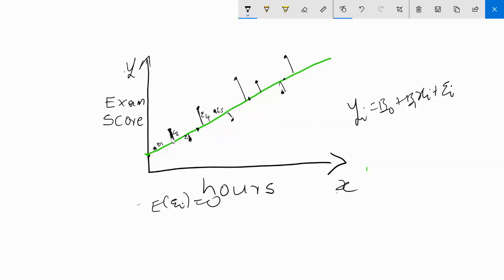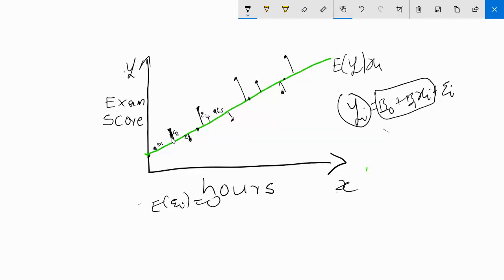Which means if we want to calculate these errors and we have the actual value of y, then we can also calculate this. And what is this? This gives us the values on the line. These are the expected value of y for a given value of x.